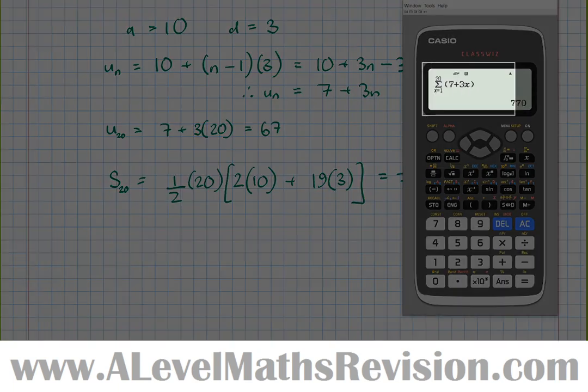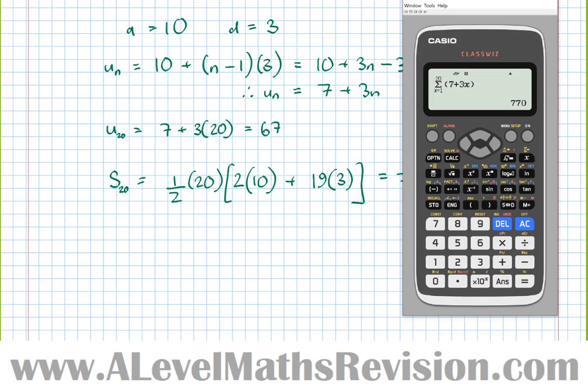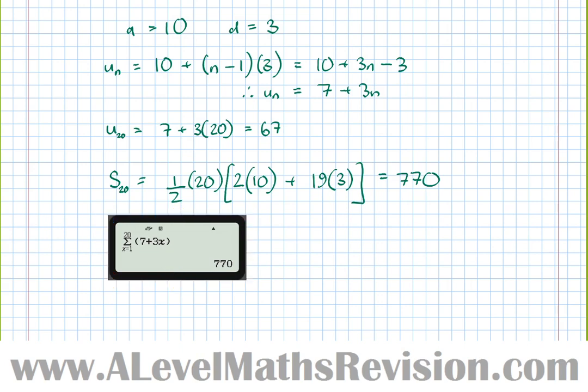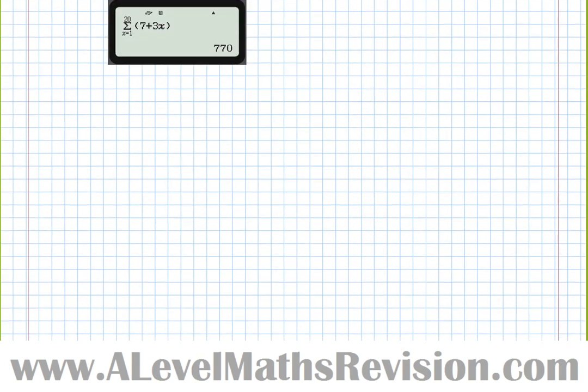And unless the question says show full working or show detailed reasoning, it's fair game just to use that function on the calculator. But there actually is an alternative formula as well that we can use. So it's also given in the formula sheet, and it's sometimes quite useful. So alternative formula.